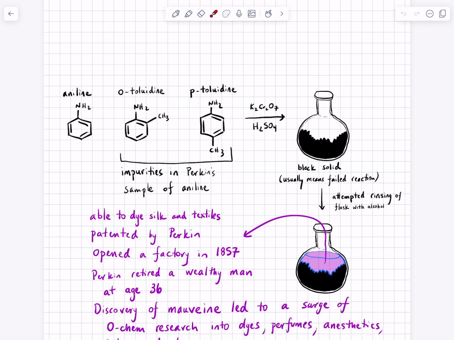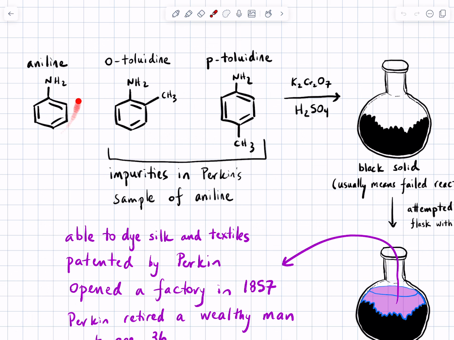He was intending to react aniline, which you've seen before, with these oxidizing conditions. So that's a 351 set of reaction conditions. That's called potassium dichromate. It'll turn alcohols, primary alcohols, into carboxylic acids.